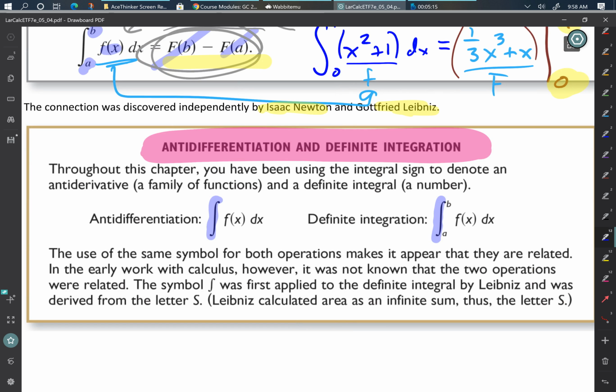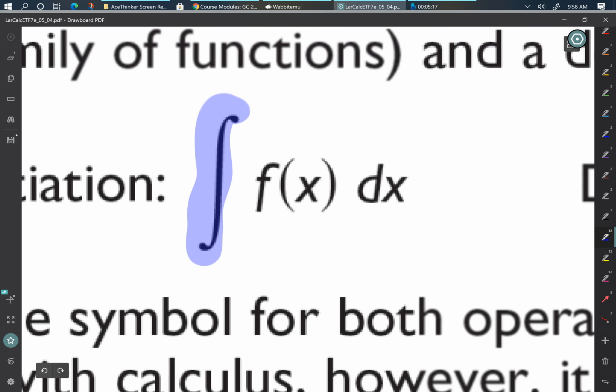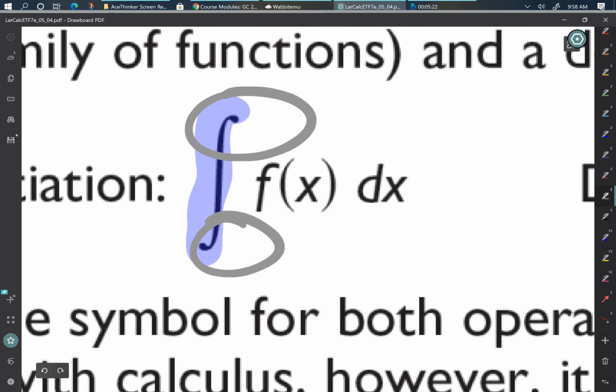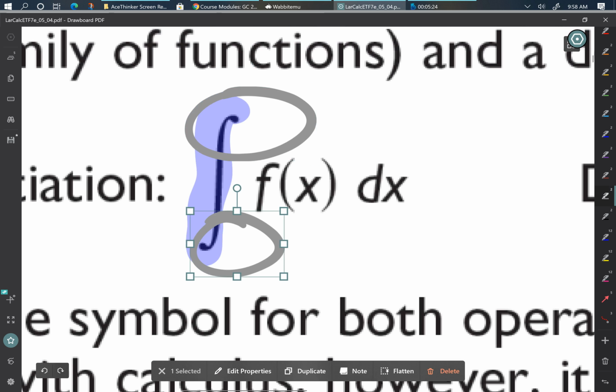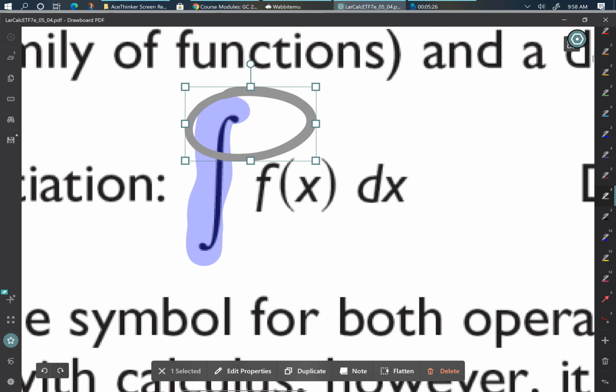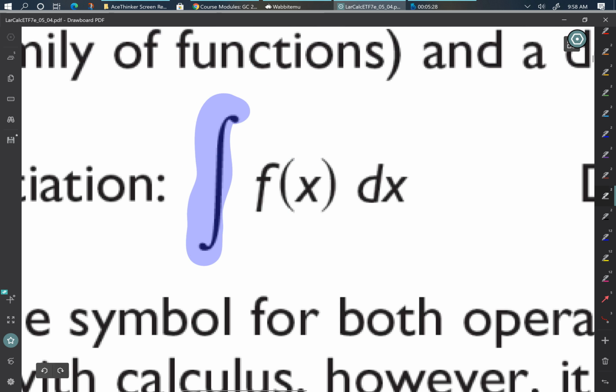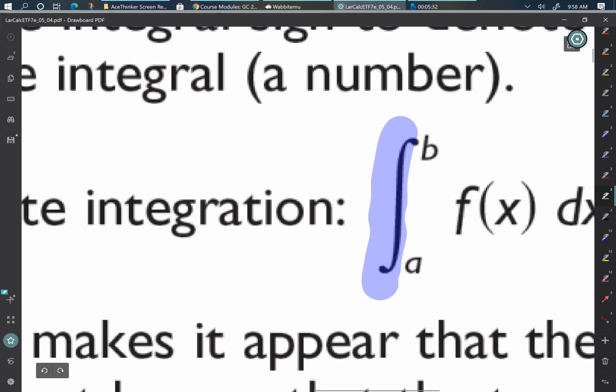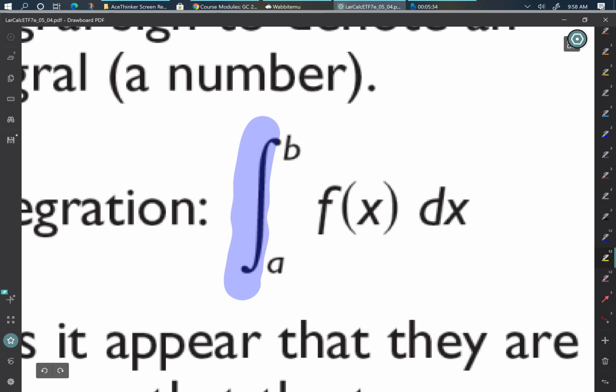Right? On the left over here, you'll see that our integral symbol is lacking those limits of integration, which means that in this situation, we simply wanted to find an antiderivative. Over here, we have limits of integration, which means that in this situation, we don't want it to find an antiderivative.